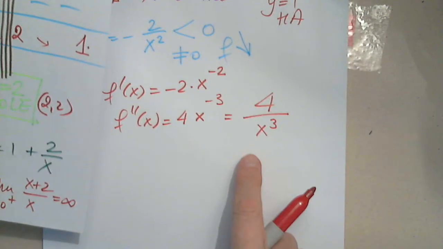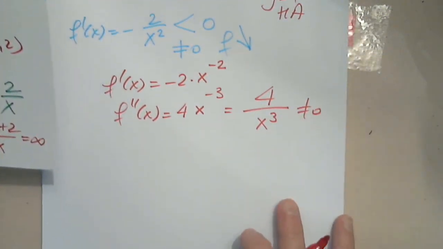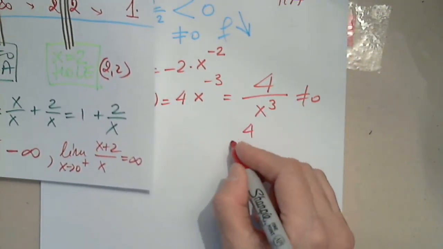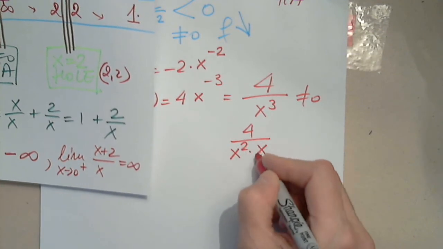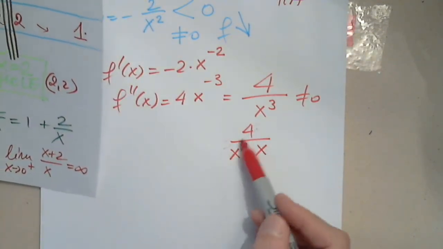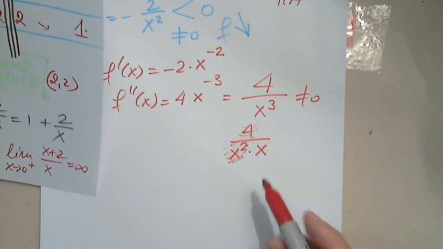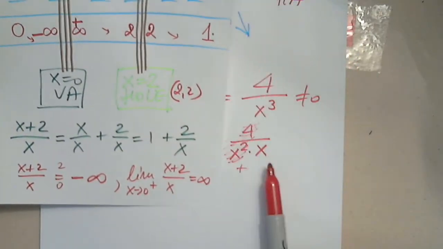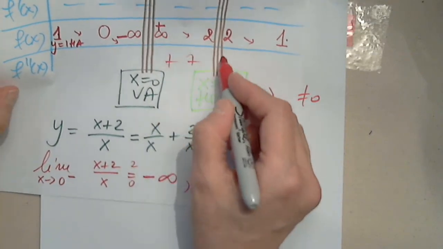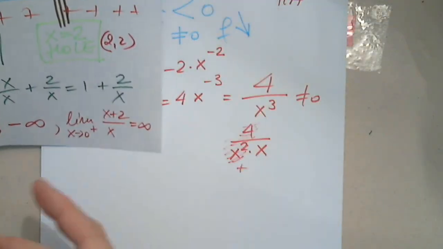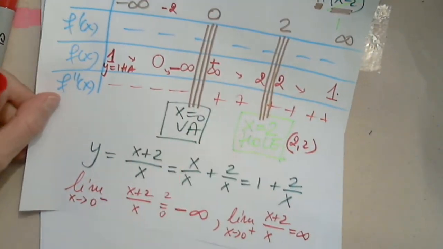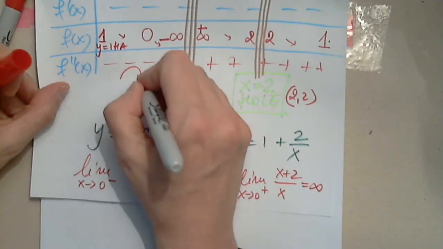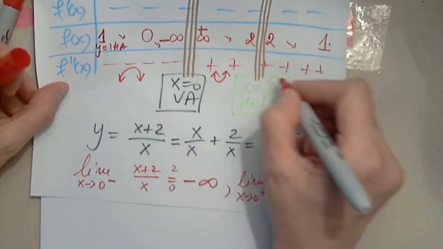It's never 0. For the purpose of studying the sign, I will see this. Why? Because this is always positive. Only this will give the sign. So to the right of 0, x is positive. To the left of 0, x is negative. So the function has to look like this, and like this.